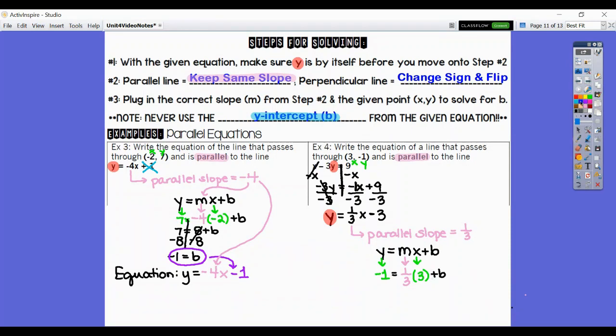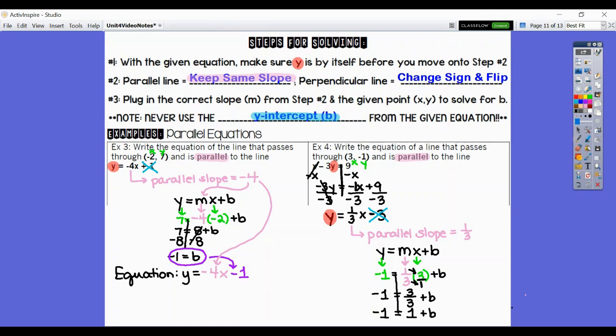I cannot use what my b was before. It's a different line. We go ahead and solve this out. Remember, when I have a fraction multiplied by a whole number, I can put the whole number over 1. -1 equals our 3 times 1 in the numerator, which is 3, and 3 times 1 in the denominator, which is 3, plus b. -1 equals 3 divided by 3, which is 1, plus b.